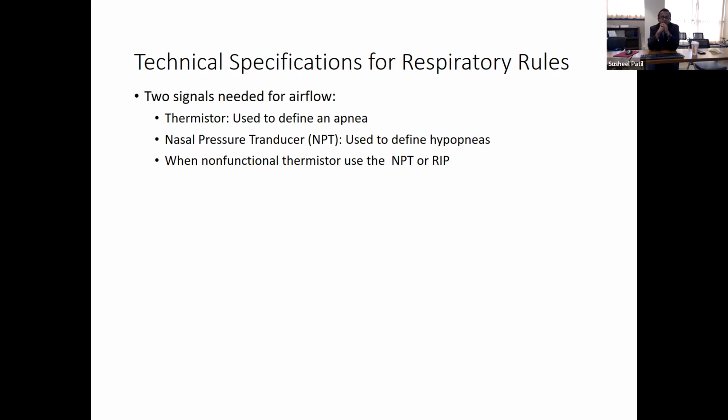You also need the nasal pressure transducer, which is used to define hypopneas. When the thermistor is non-functional, you use the NPT or the RIP, and vice versa. If the NPT is non-functional, then you have to use your thermistor. So you use whatever you have, but in an ideal world, you would use both together.